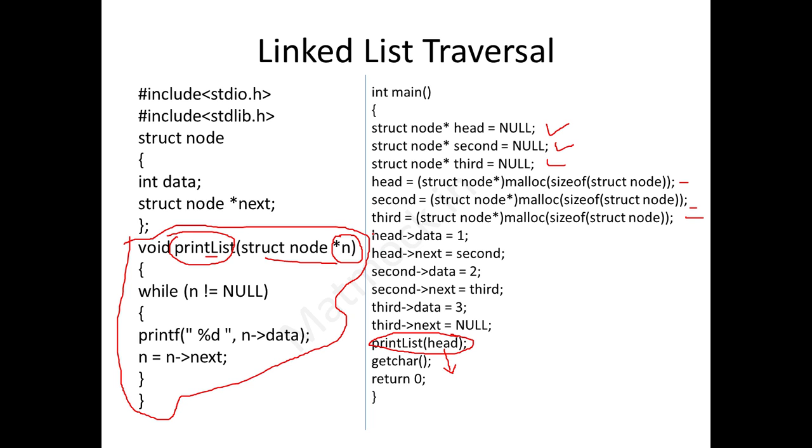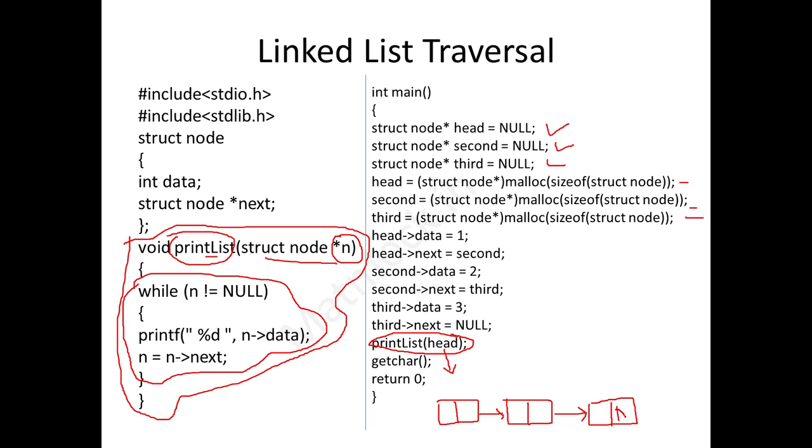So using a simple while loop, we will traverse the entire linked list. Here I will draw the entire linked list having 3 nodes. This is the second node, and this is your third node.